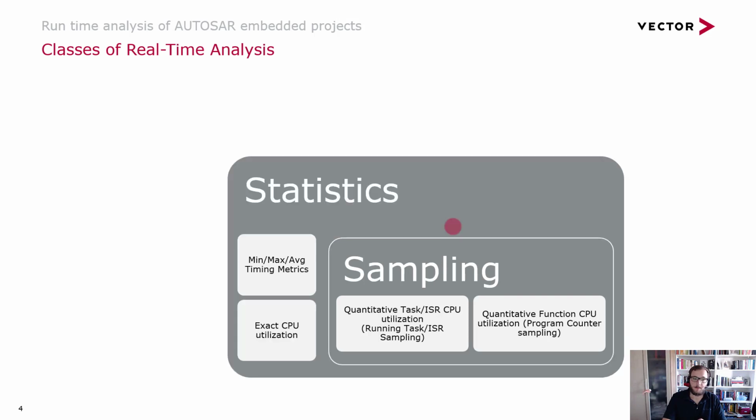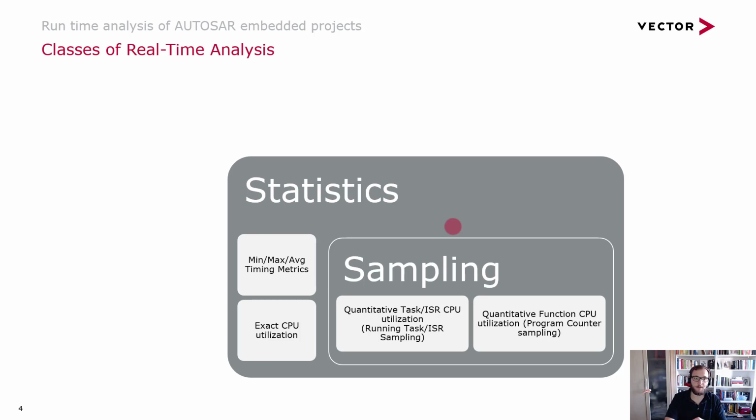The next possibility to do some kind of timing analysis is statistics. So with statistics, you will get the information what is the minimum, what's the maximum, and what's the average runtime of a task. And you will be able to determine the CPU load that a task is causing on your system.